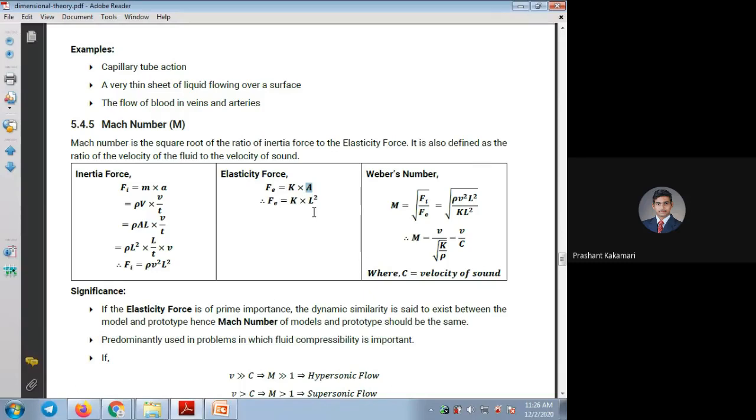Taking this ratio, we will get the Weber number, sorry, Mach number, it should be Mach number, not Weber number. So cancelling this, the Mach number will give us V by square root of K by rho, which is the velocity of sound.